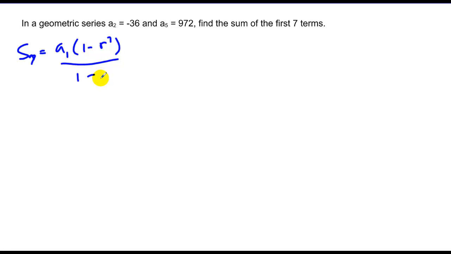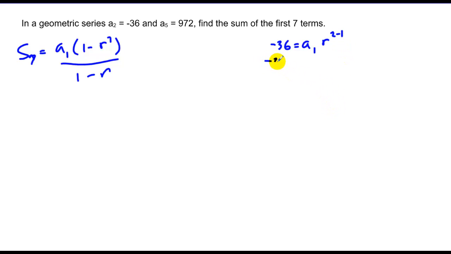Alright, now what I can do is I can say the following. If I have a fifth term and a second term, I can use my geometric sequence formula. The second term, which is -36, equals the first term, which I don't know, times a ratio, which I don't know, to the n minus 1, so that's the 2 minus 1 power.